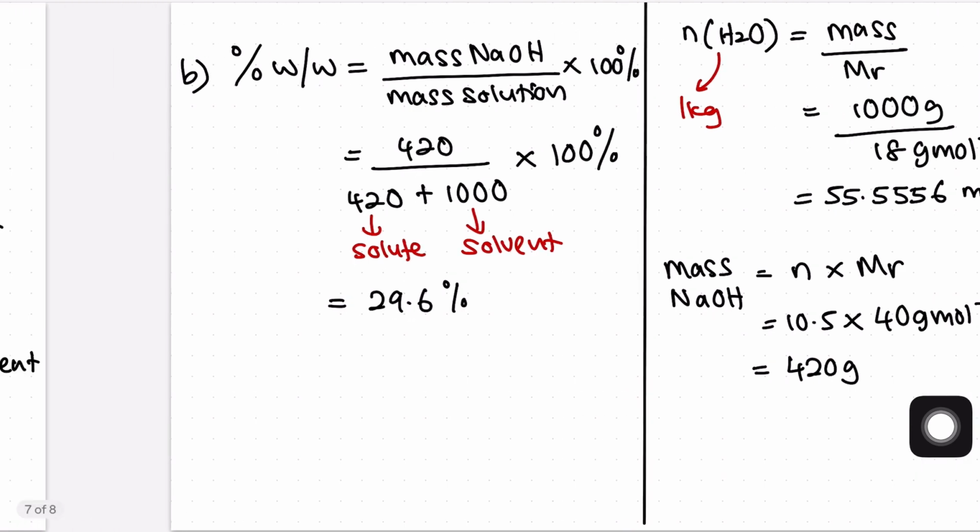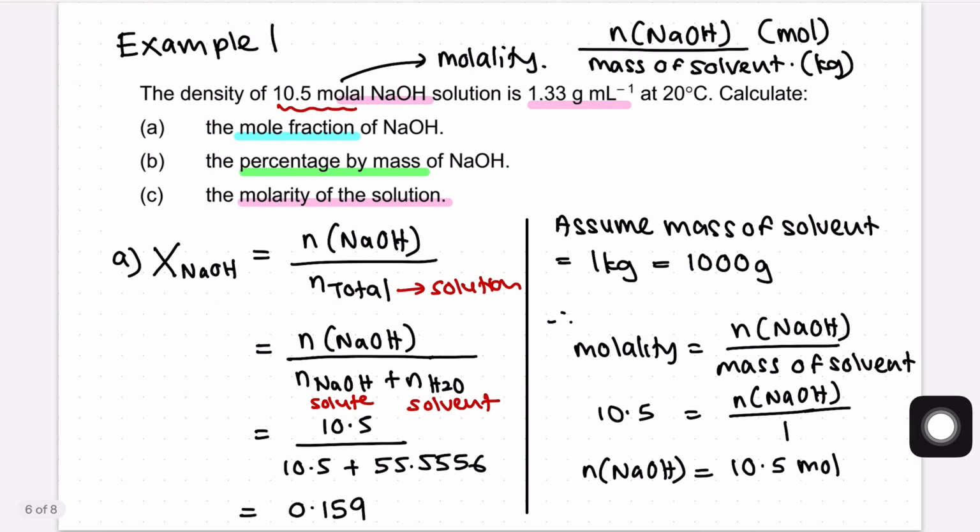Make sure to maintain 4 decimal places before you finish the calculation. So now that I have entered all my values inside, the mole fraction for sodium hydroxide would be 0.159. So that is the first part of the question.